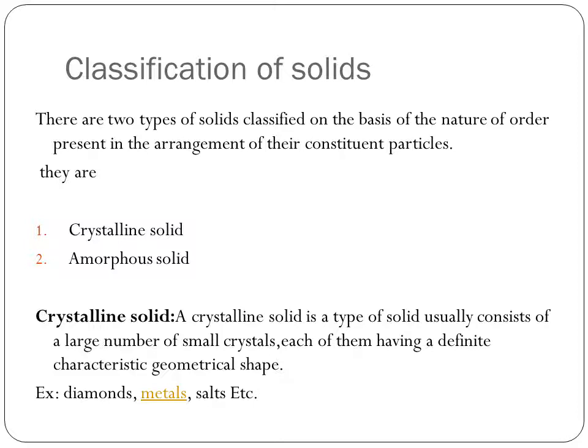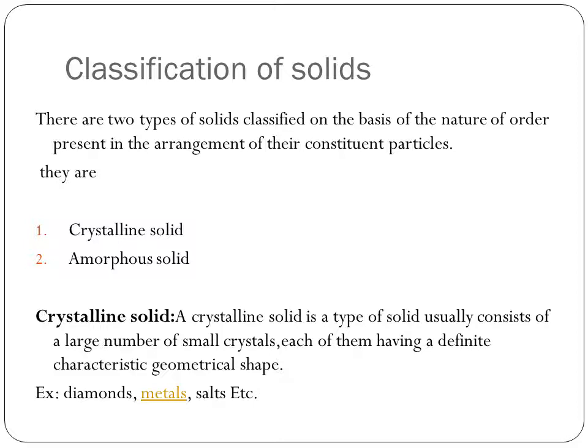So therefore, what you need to understand is that crystalline solids are a type of solids made up of small crystals, and the order of arrangement of these small crystals is in a very systematic way. A systematic way in the sense, the way you stand in a row during your assembly.